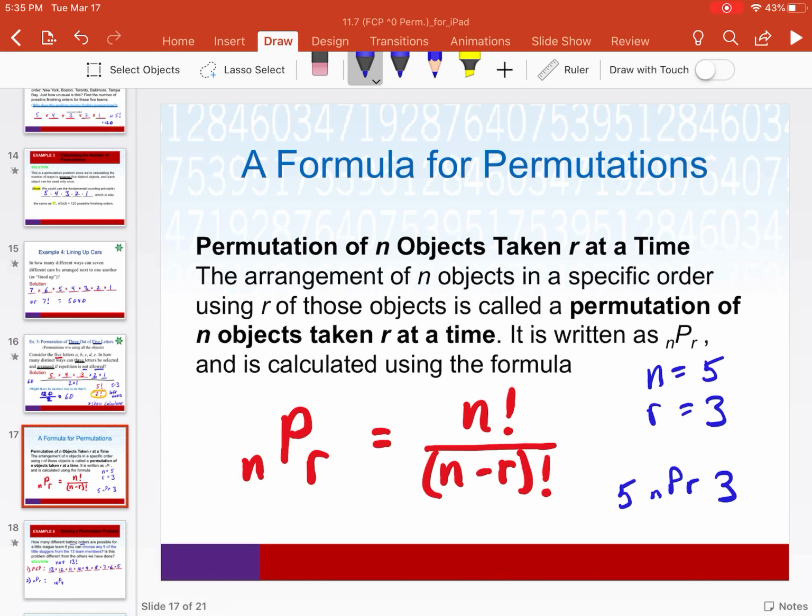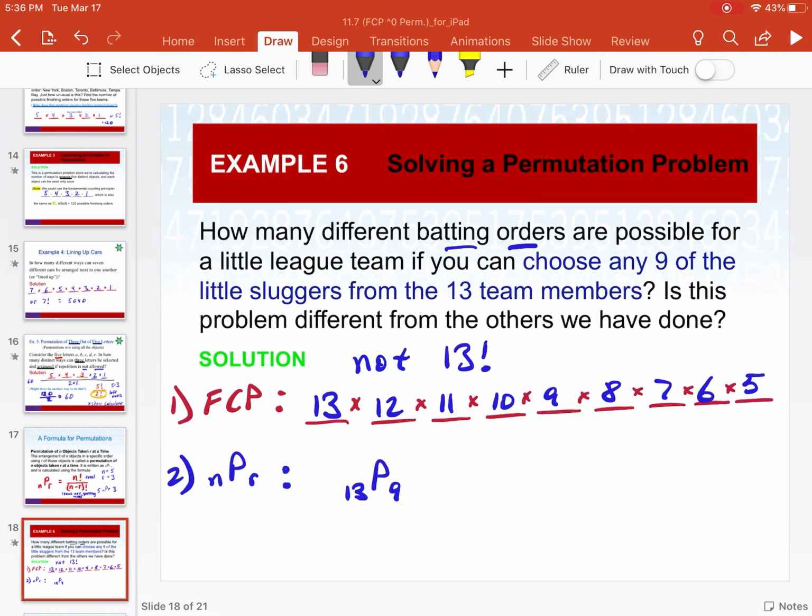The top is the total number, and then the bottom is the items not getting used, and the different arrangements of them. Remember, the factorial basically means you're arranging things. All right, so how many batting orders are possible?